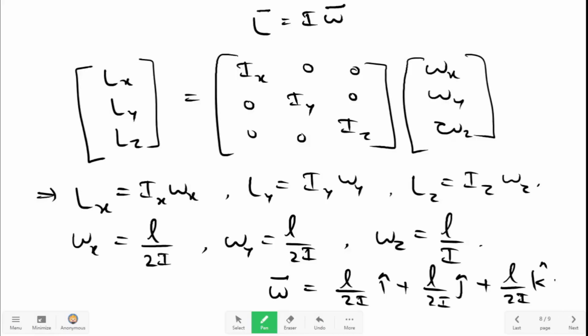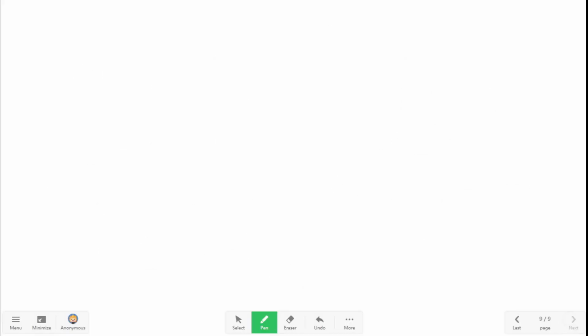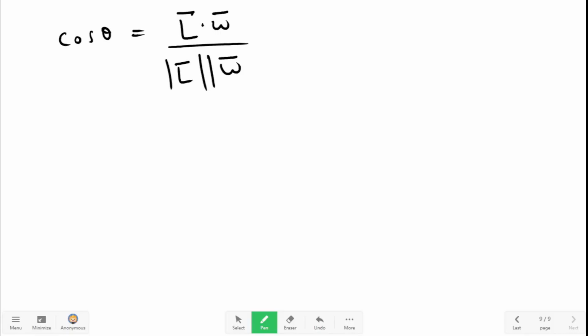Now let's continue the calculation. Cos theta, the cosine of the angle between angular velocity and angular momentum, is equal to L dot omega divided by magnitude of L vector times magnitude of omega vector.